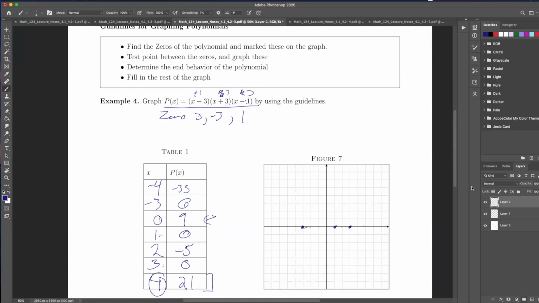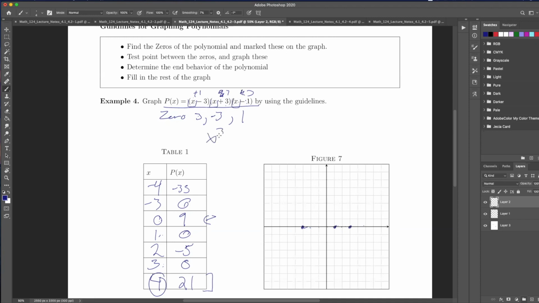All right. So let's determine the end behavior of my graph. So here I don't have what this is. So you have two options. So the leading term. So you could just take the leading term here and multiply it together. And so here I get x times x times x.